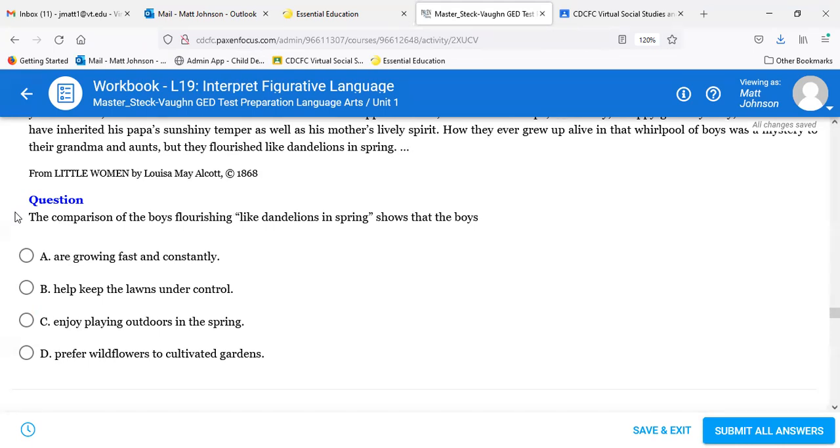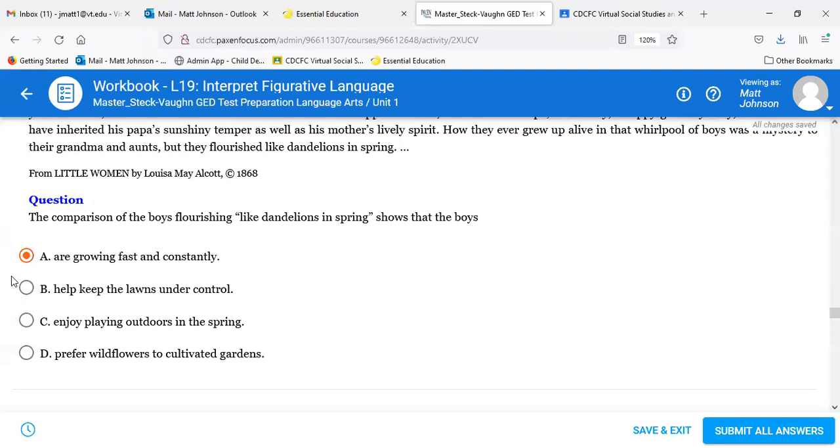D, prefer wildflowers to cultivate the garden. C? So A. A? Yeah, 10 is A. Dandelions will sprout up real quick, right? Even if you just mow your lawn, you come back in the evening and you'll have dandelions there. So that comparison, boys growing quick, especially at that age. So A for number 10.